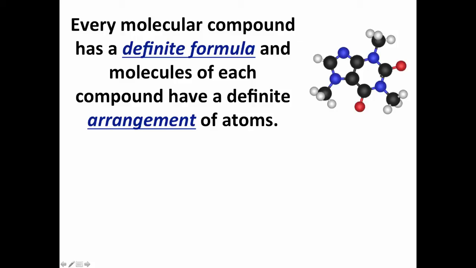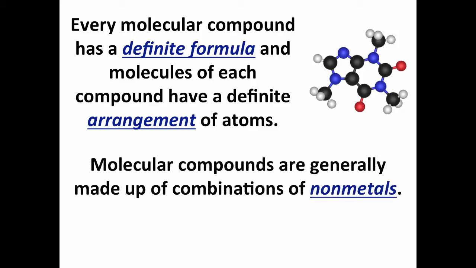This is a representation of a molecule of caffeine, and it has to have those 8 carbons, 10 hydrogens, 4 nitrogens, and 2 oxygens arranged in exactly this way for it to be caffeine. It's certainly possible to have those numbers of those types of atoms arranged differently, but if so, that is not going to be a molecule of caffeine. It could be a molecule of some other substance.